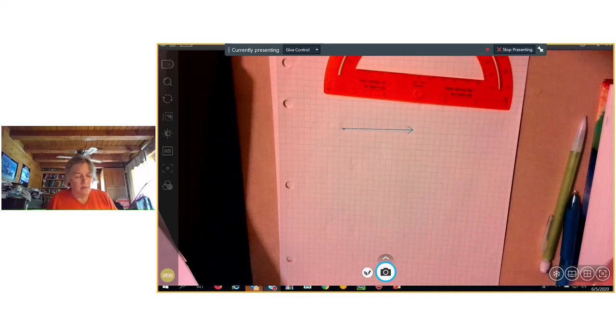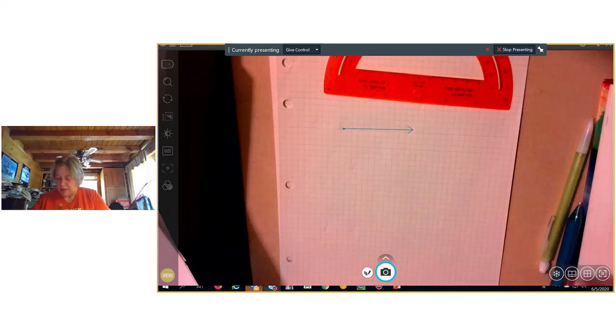Now I am doing my book, and it says to construct arcs of the same radius centered at D and at Q, and let E and F.